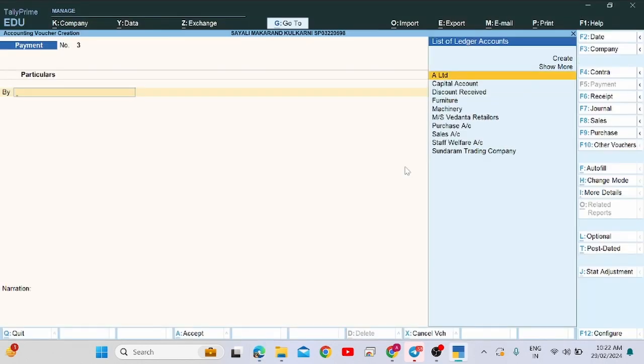But instead of wasting time here, directly I will pass electricity. But remember my dear students, in actual practice we pass two entries, because you will get GST input credit of the electricity. Therefore, to get that credit, to get that benefit, you should give credit to electricity, sorry, credit to MSCB.